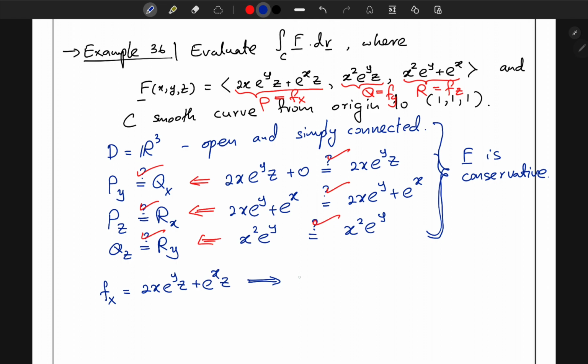Integrate with respect to x to obtain f. 2x becomes x squared. The second term, the integral of e^z, is just x e^z, plus a constant. It is a constant with respect to x, so it depends on y and z.